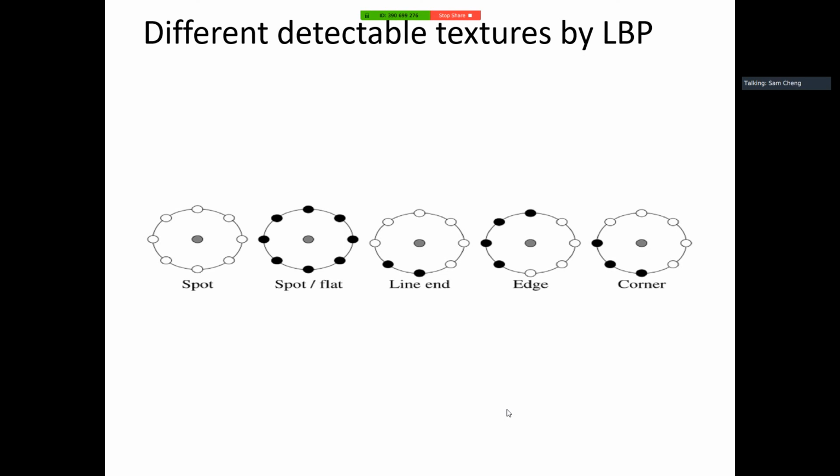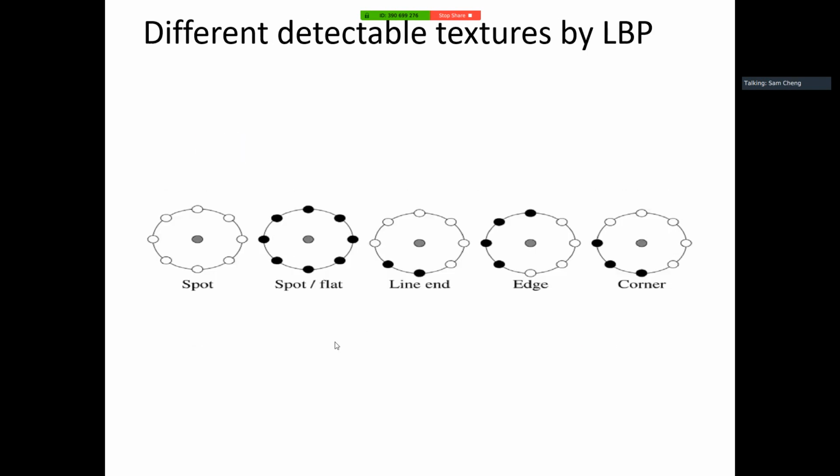By the way, this is just an illustration that for different shapes you may have different codes. If this point is bigger than all the rest here, then I will have a spot there. If I have something flat or a bigger spot, and it's not bigger than the rest, or has similar values there, then I may have a flat region. If this point is bigger than just some of these points, these 2 points here, it's like a line end.